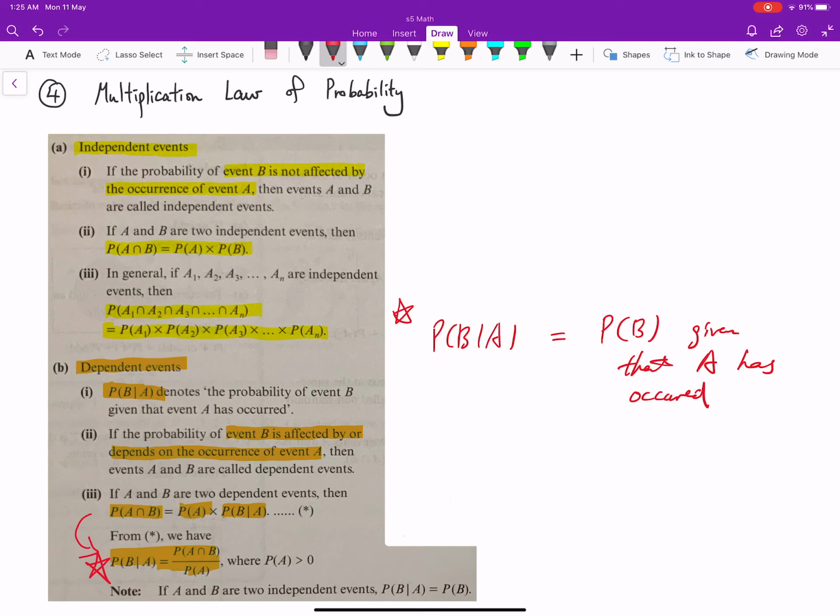But for the second one, you must remember, okay, so that you can make use of that in the quiz or examinations. And for the last one, A and B are two independent events. Then P(B given that A) is equal to P(B), as I said, okay. No matter whether A has occurred or not, it will not affect the probability of getting B. So P(B given that A) is equal to the probability of getting B.